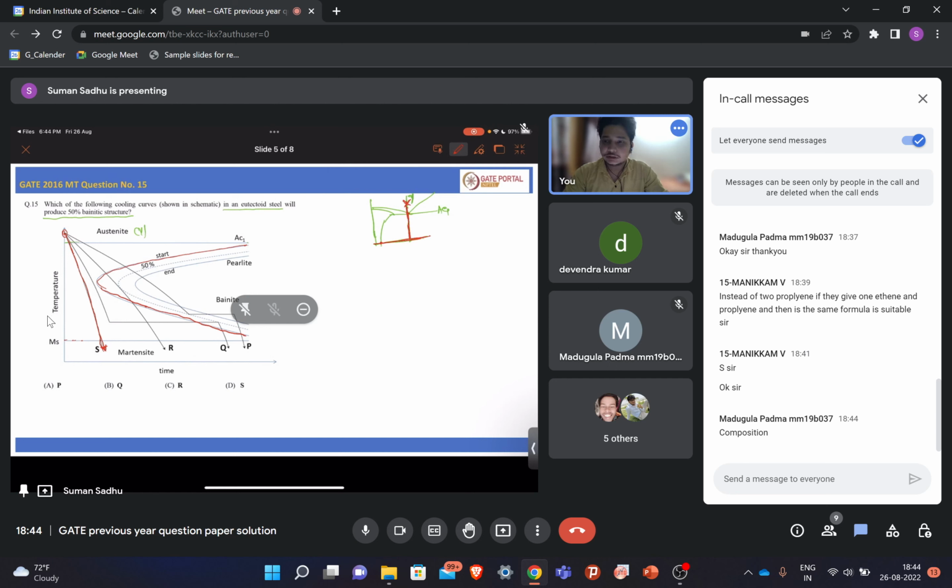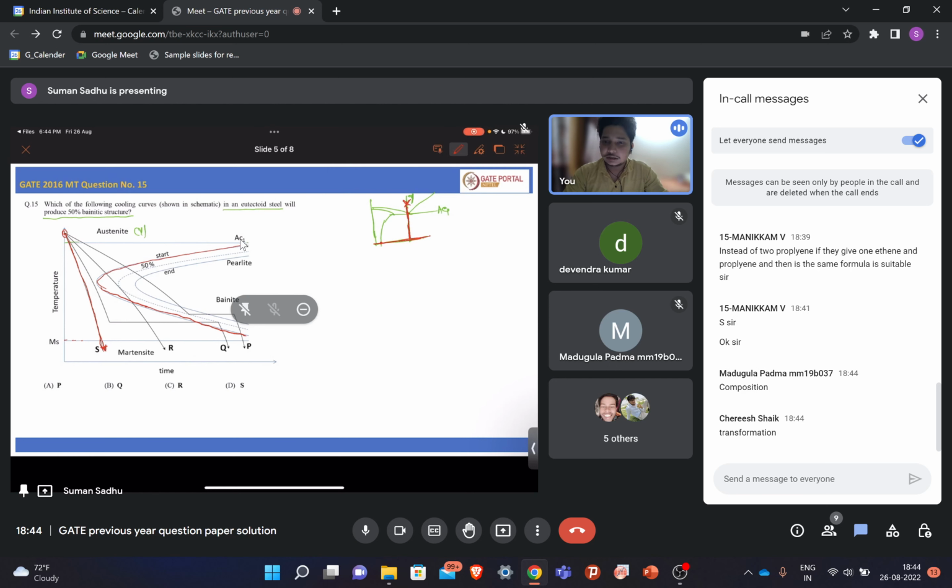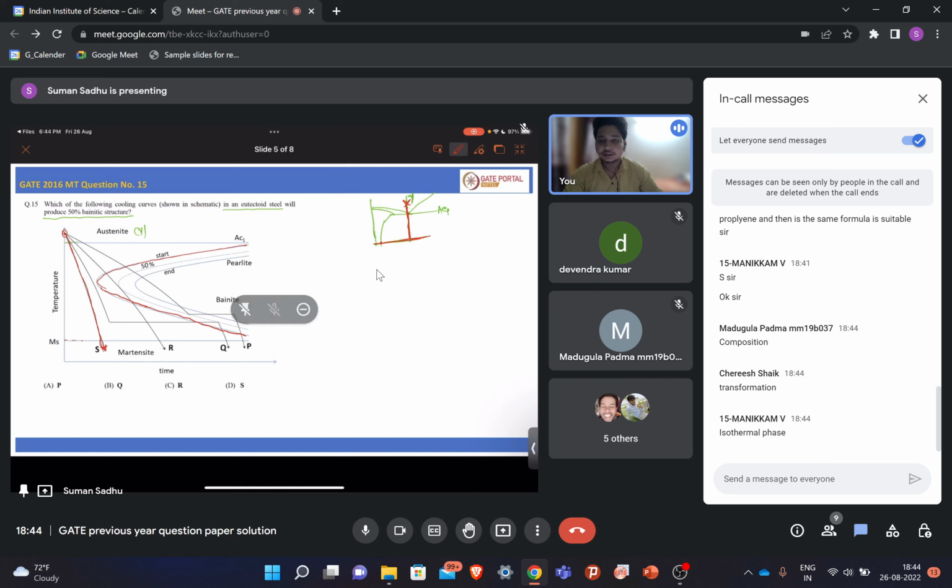You can see the y-axis is temperature, the x-axis is time, and these are the C curves. Yes, it is basically showing the percentage of transformation. How much of that transformation has occurred? So how do you get the C curve? Anyone has any idea how this type of curve is obtained, and why the shape is a C and not some other shape?